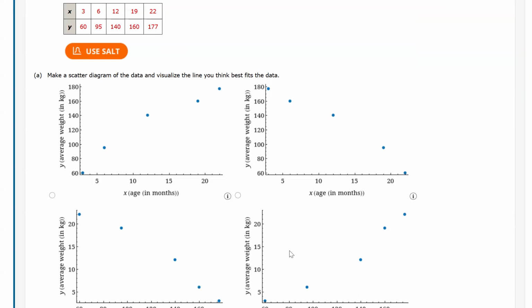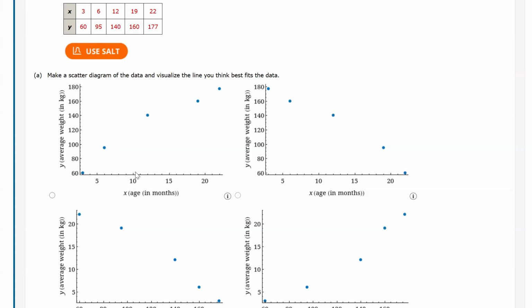Now you've got to check your values. The first one is 3 for X and 60 for Y. The second one is 6 and 95.